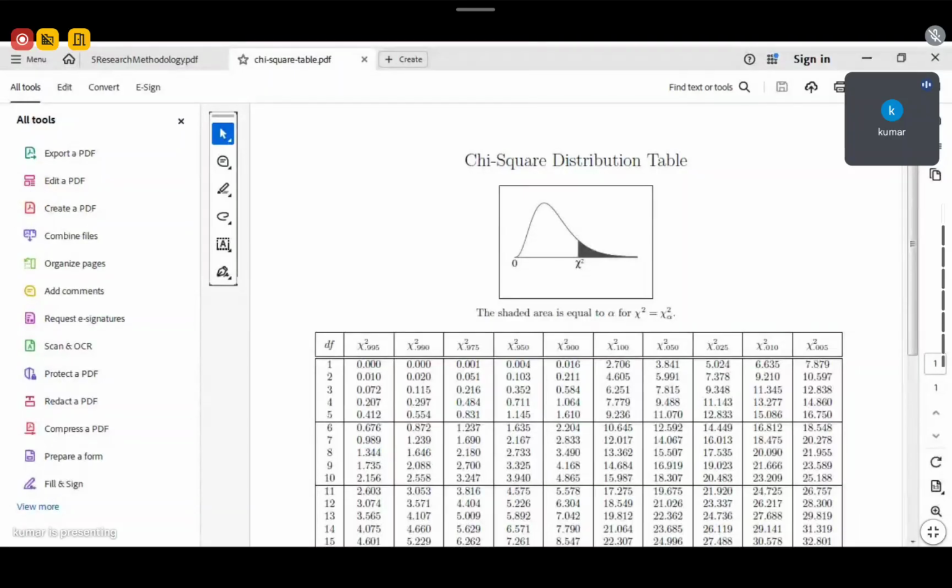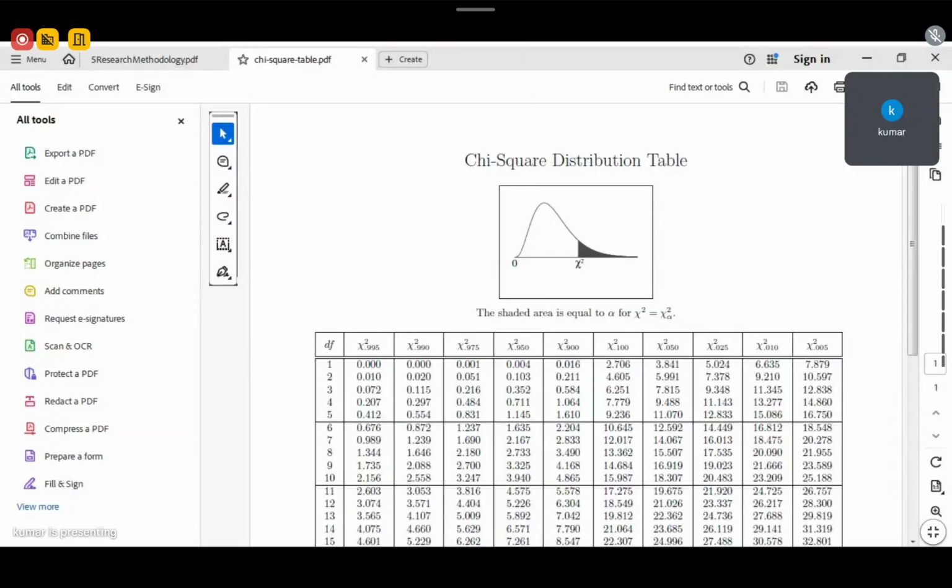Whenever you don't get the value in the examination question paper, you can ask for the table in the examination center. This will be supplied for you so that you can make use of that. Say the degrees of freedom, first column. Is it clear now on the screen? Yes, sir.